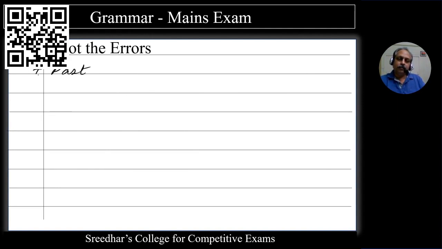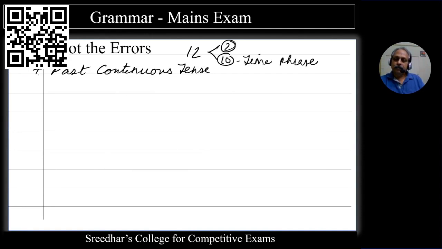Now let us go to the fourth one. Past continuous tense. Out of the 12 tenses you have already learned, two tenses go with combinations. They are known as combinational tenses. And 10 tenses take the time phrases. This is a combinational tense, so I will not touch this one.